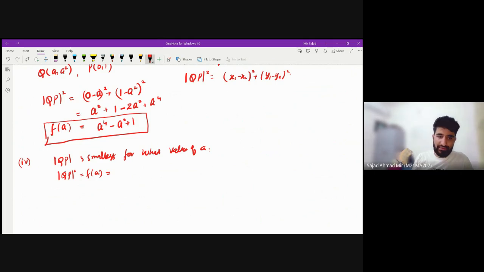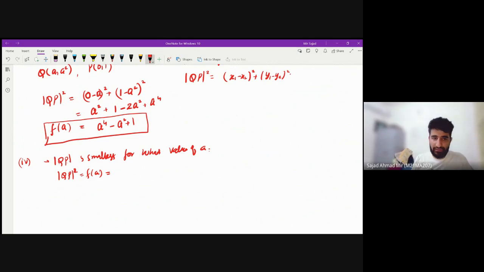If I minimize the square of the distance, then I am minimizing the distance QP. The same point will minimize the distance of Q and P. So instead of finding the smallest value of QP, I will be finding the smallest value of its square.